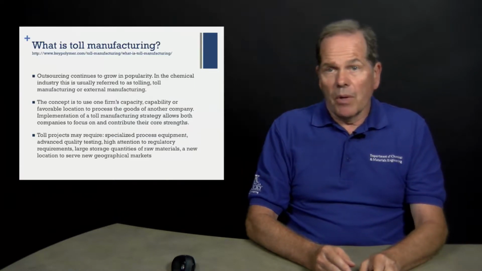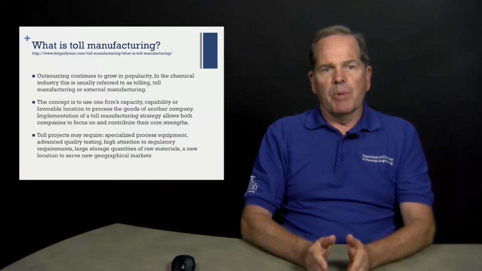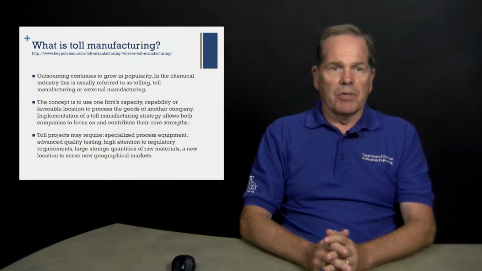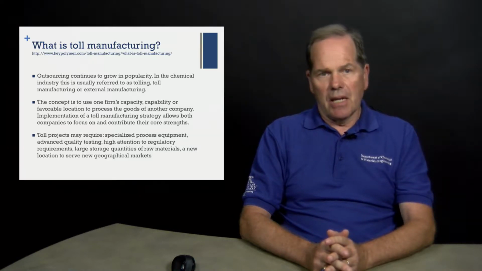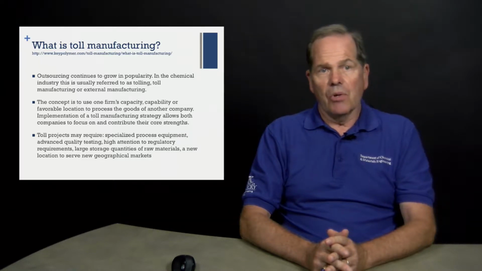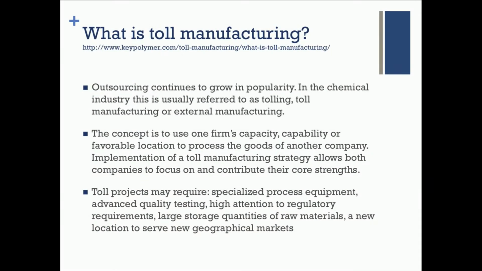First, let's talk about what a toll processor is. Toll processing is becoming increasingly important in the chemical business because a number of firms discover that they don't have the technology and people in-house to do some of the new things that they need to do to be competitive. So outsourcing continues to be important.